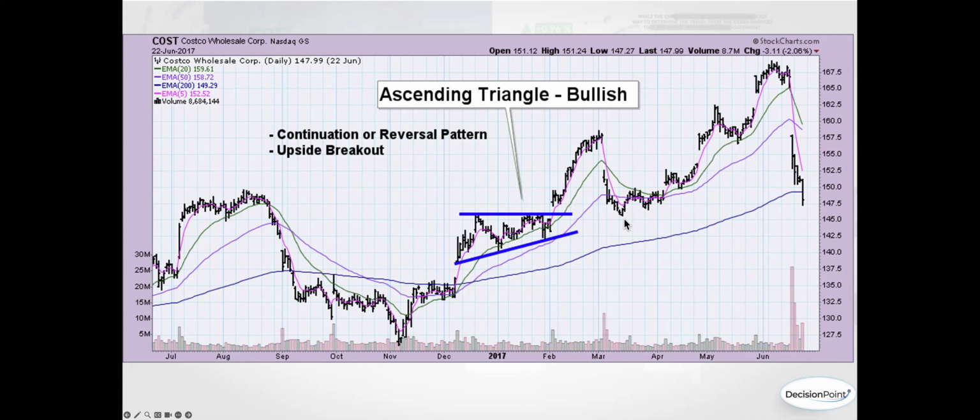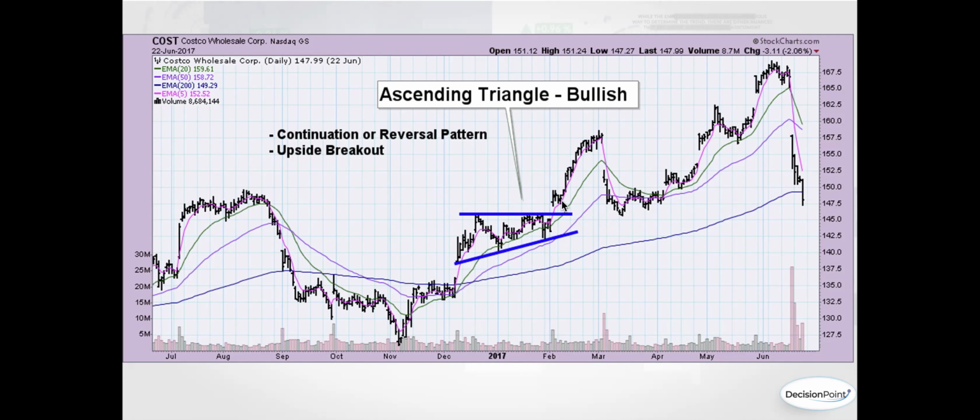So that's one of the areas you'll want to look for. So here we have that ascending triangle. You can see that the bulls kept taking over control, and eventually the spring was uncoiled and we got the big breakout to the top.